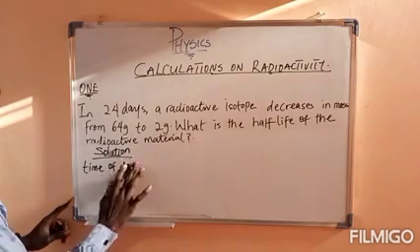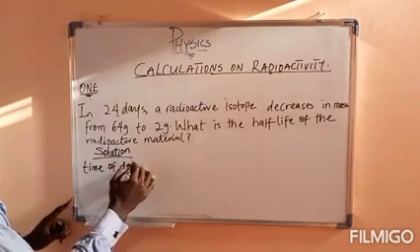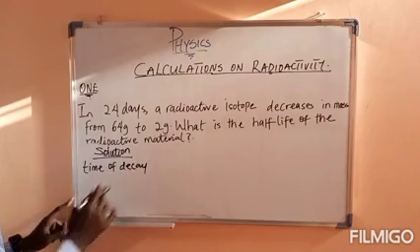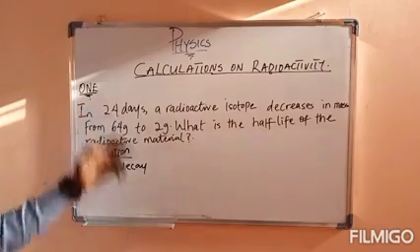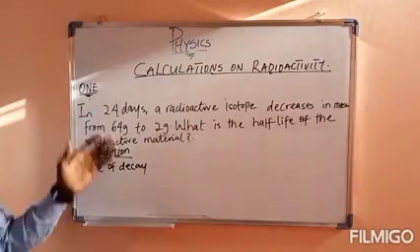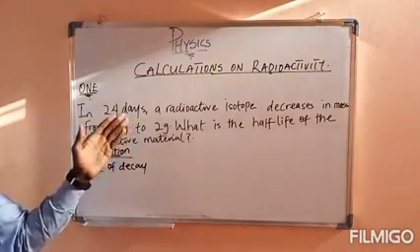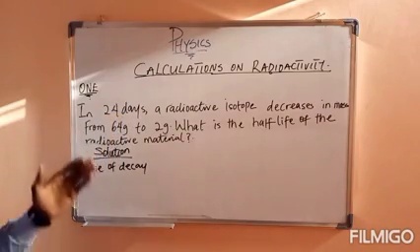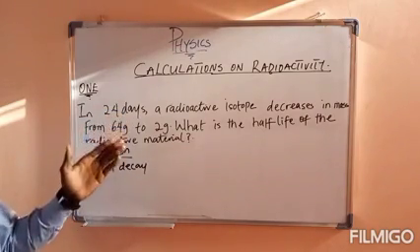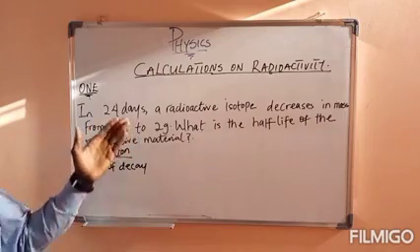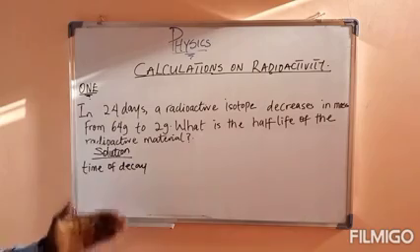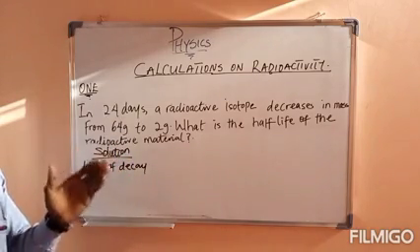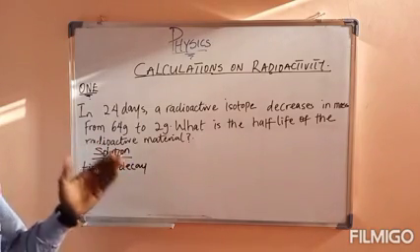And in a situation where the questions give you time of decay and also give you half-life, make sure the units are the same. The unit of time can be in minutes, seconds, hours, days, weeks, or years. Every radioactive element has their respective time of decay and that of half-life.